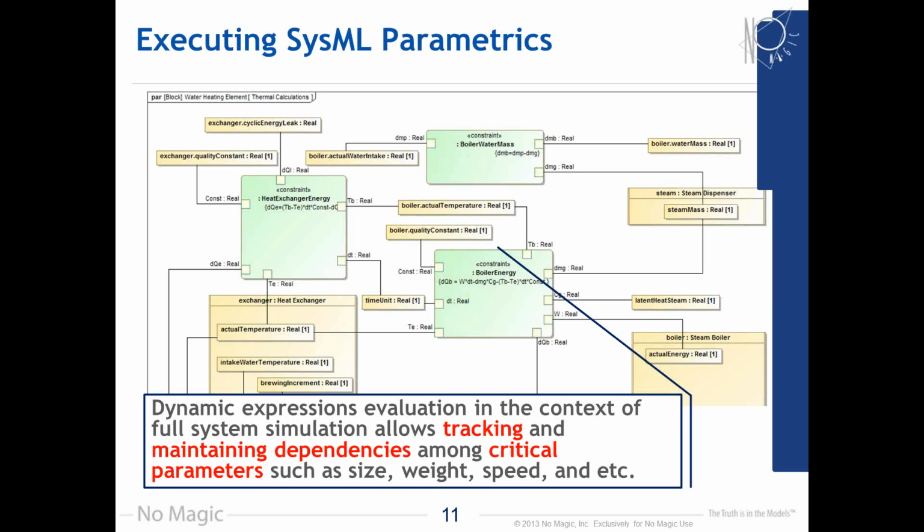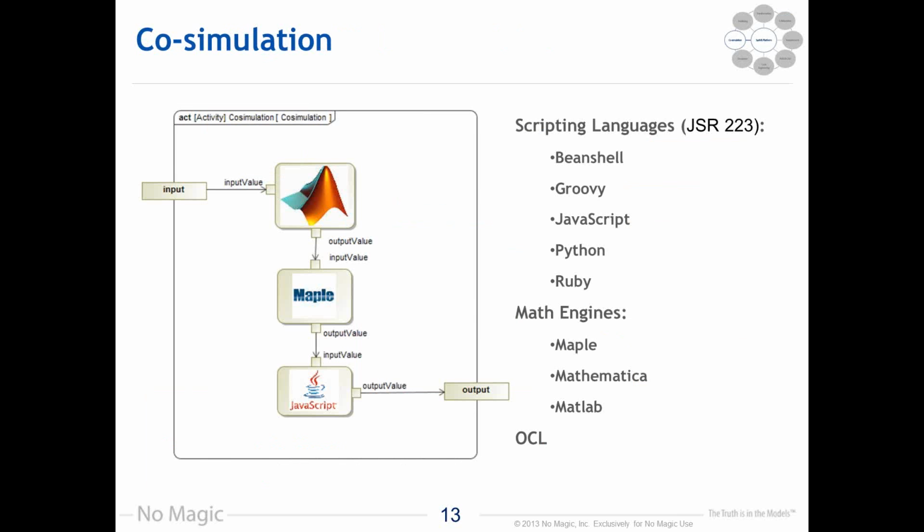Now let's talk a little bit about co-simulation. It's another important aspect of Cameo Systems Modeler and engineering analysis. When we talk about co-simulation, we are talking about different tools, different functions from different tools linked together. And the SysML model here acts as coordinator for this.